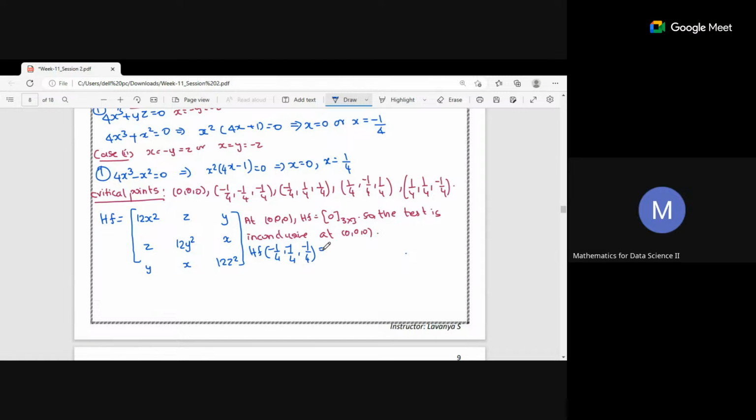What is your matrix then? 1 by 16 times 12, so 3 by 4, minus 1 by 4, minus 1 by 4, minus 1 by 4, 3 by 4, minus 1 by 4, and minus 1 by 4, minus 1 by 4, 3 by 4. Now what is the determinant of this matrix?